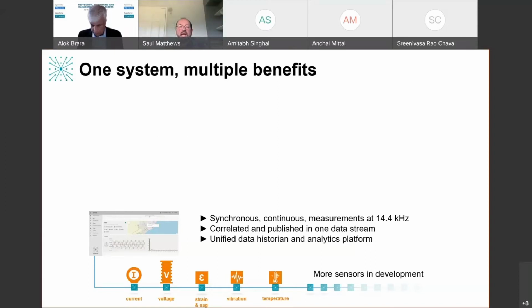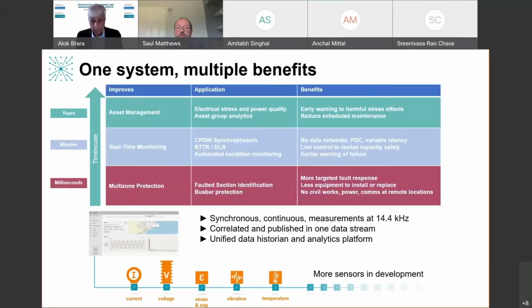But basically, it has the ability to deliver benefits in 3 timescales. We operate in milliseconds for protection timescale purposes. Then there's providing real-time control and insights for people in the control room, dispatchers making quick decisions, and finally, benefits that are expressed over years where you're improving asset management.